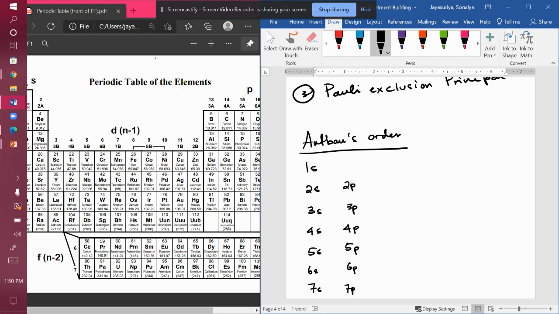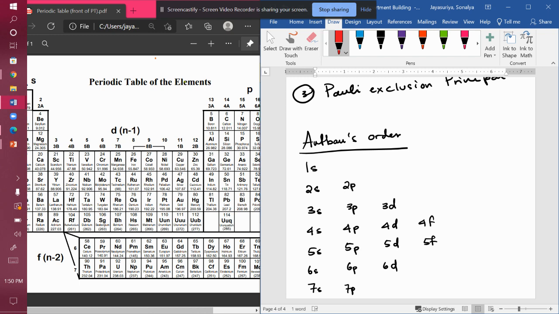Now, remember the D-type apartment started in the third energy level? So 3D, 4D, 5D, 6D. There is no 7D, okay? Then the fourth or F-type sublevel started in the fourth floor, so 4F and 5F. There's actually no 6 or 7F, okay? Once you have written this, it looks a little bit like a triangle.